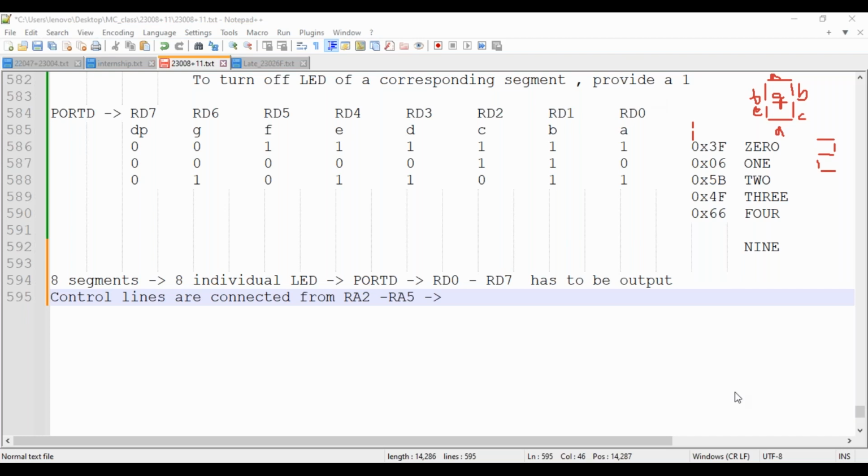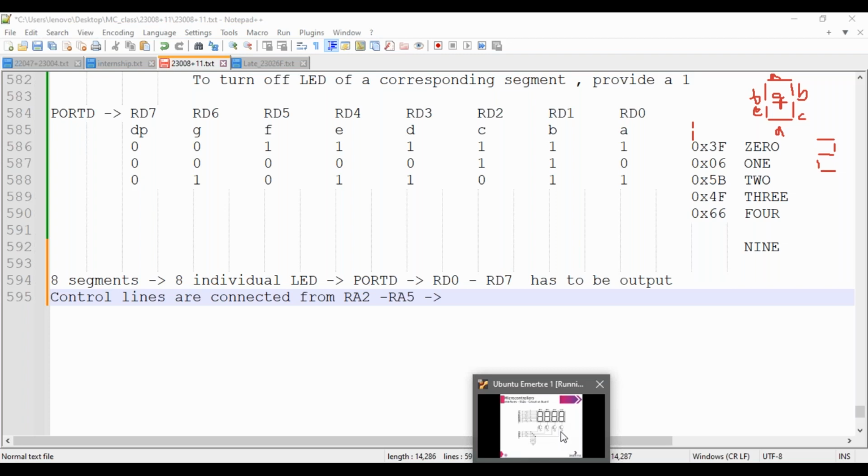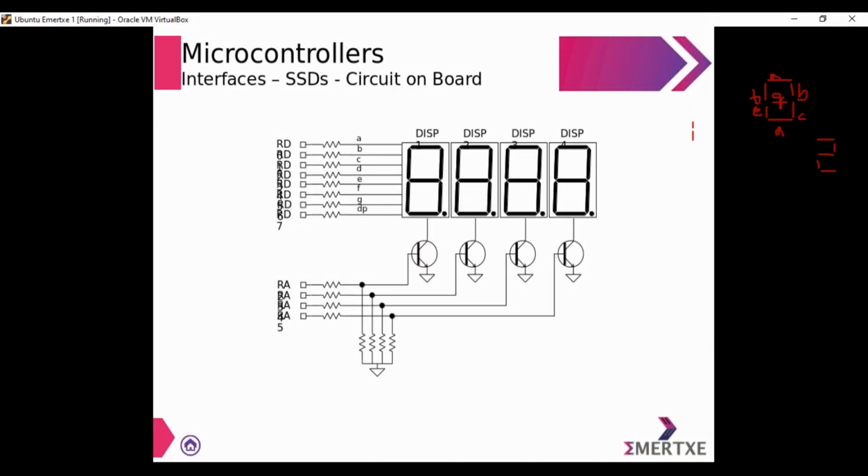Is it input or output? So to the transistor here, the transistor is taking a 1 or a 0 to turn it on or turn it off, right? So the transistor will accept a 1 to turn it on, and a 0 to turn it off. To the transistor, what is the pin acting as? To the transistor, it is input.